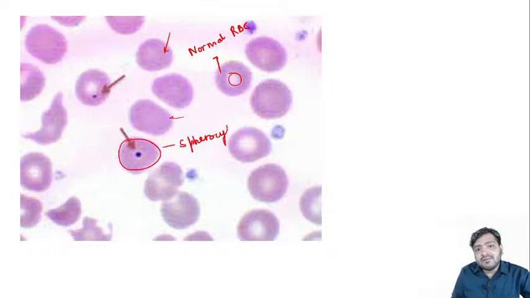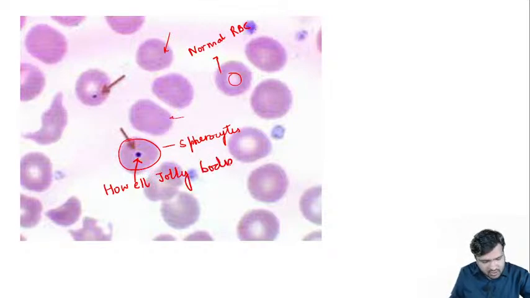Now guys, I want to mention a very particular point over here: this blue dot which you can see in this spherocyte with no central area is actually the Howell Jolly body.